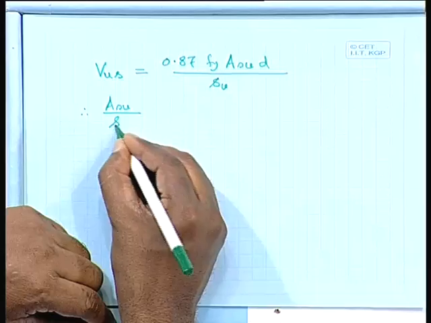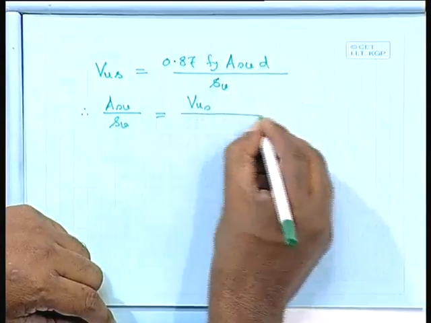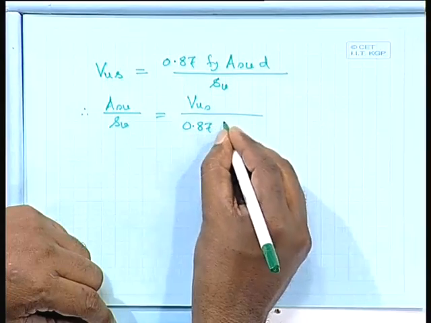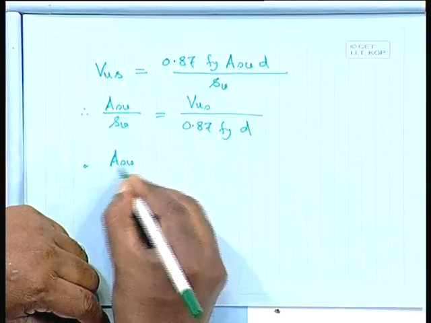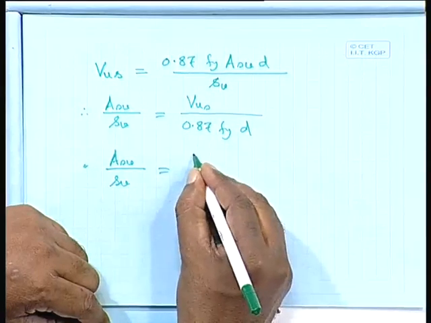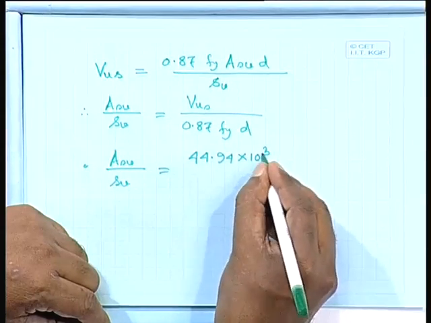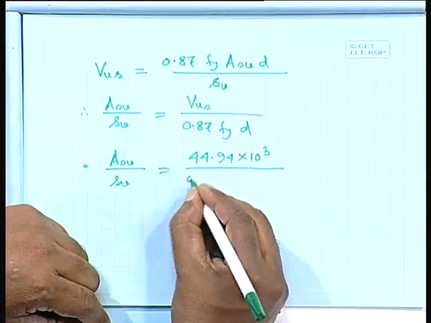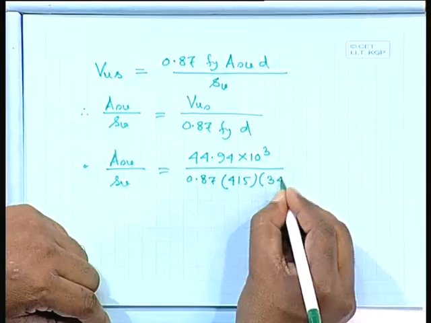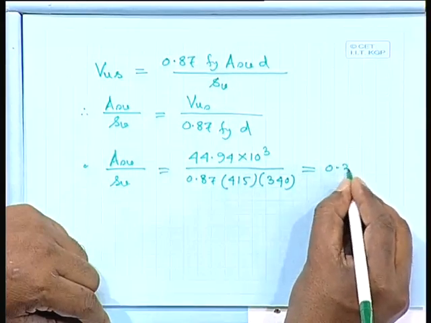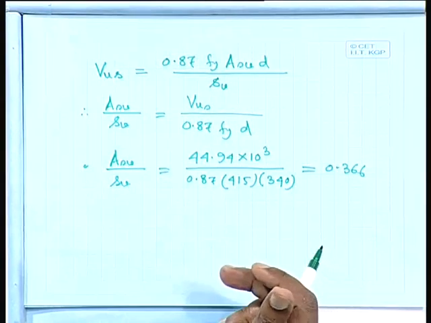So, ASV by SV equals VUS in our case divided by 0.87 Fy D, or ASV by SV equals 44.94 into 10 to the power 3 divided by 0.87 times 415 times 340, which equals 0.366. This is the ASV by SV that we get, 0.366.